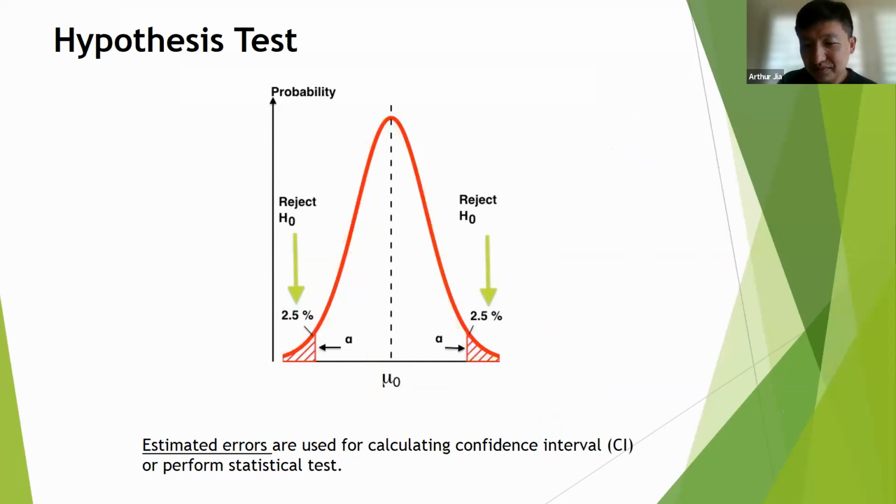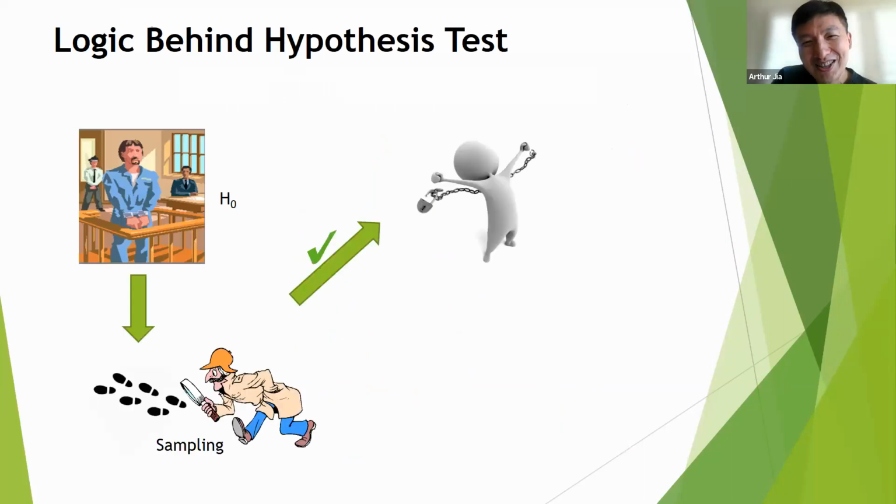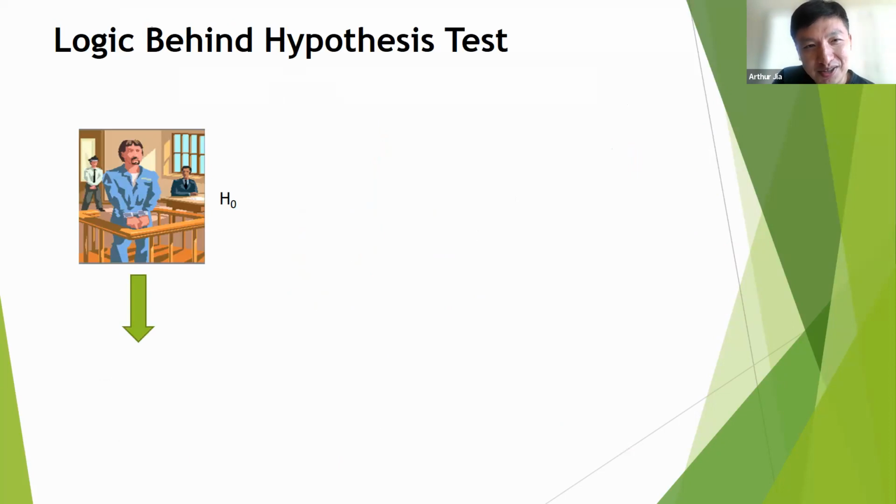Okay, this is my favorite part. I'm going to show you what we do for hypothesis testing. It is just like what goes on in a court in this country. Can you see my screen here?